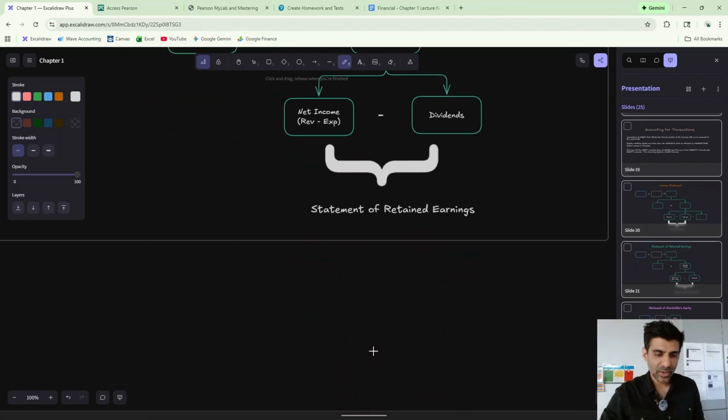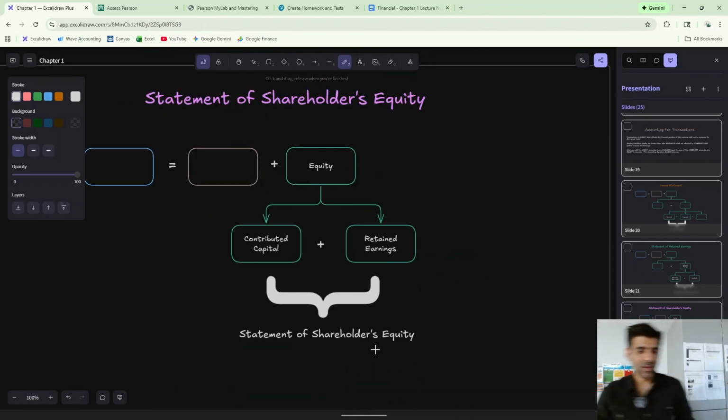Now we're going to go to the next part where we combine our retained earnings with how much contributed capital there is, and that's going to give us the total equity balance. Okay, now we've gone through: we start with the profit, we added the dividend piece, we added the contributed capital piece, and now we have the total equity balance.